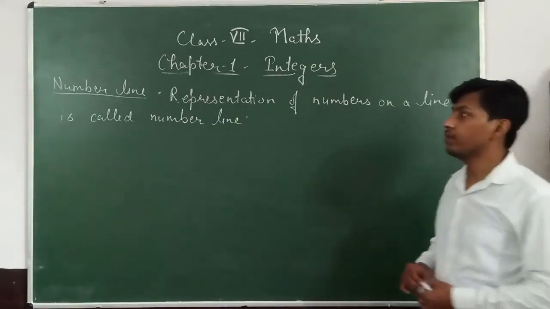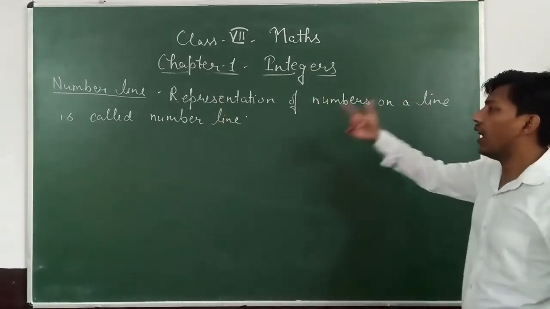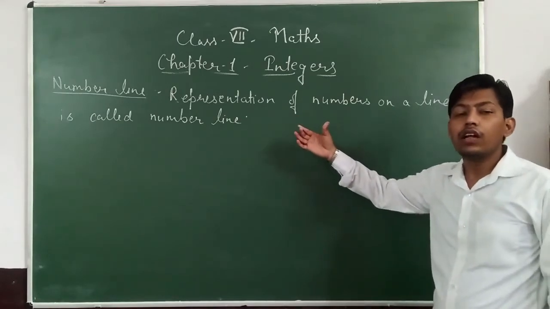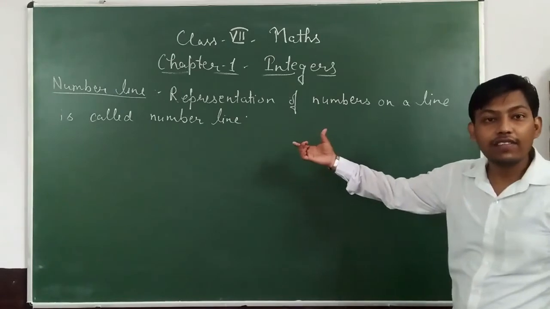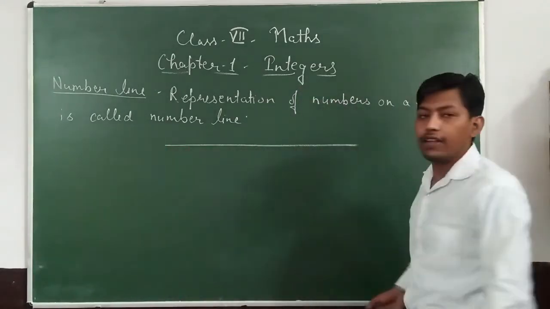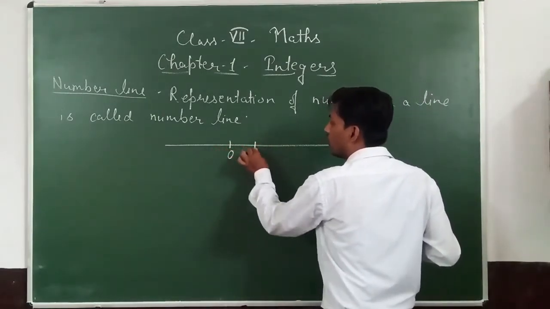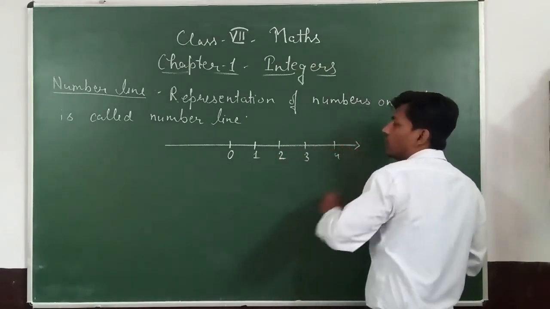Now, what is a number line? Representation of numbers on a line is called a number line. When we represent numbers with a constant distance on a line, it is known as a number line. Like we have a line, and we represent 0, 1, 2, 3, 4 and so on.